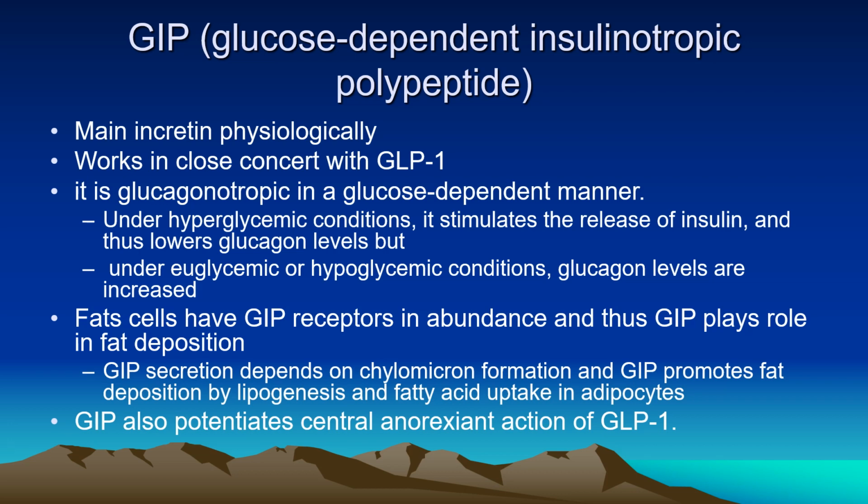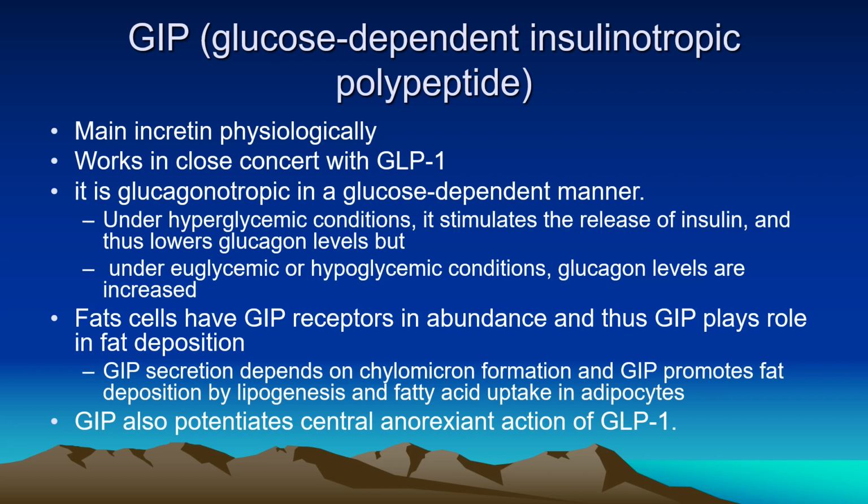It is glucagonotropic in a glucose dependent manner, meaning that under high glucose conditions, that is hyperglycemic conditions, it stimulates the release of insulin and lowers glucagon level. Conversely, under euglycemic or hypoglycemic condition, glucagon levels are increased. Therefore, it plays a key role in glucose homeostasis, maintaining ideal levels of glucose.